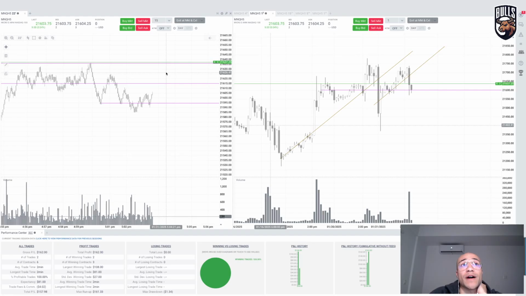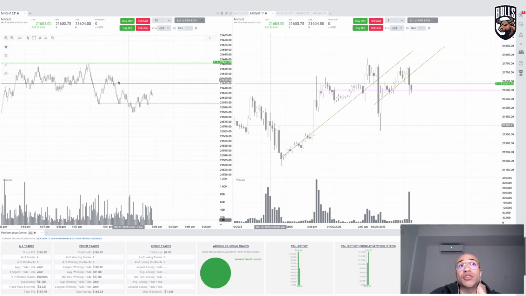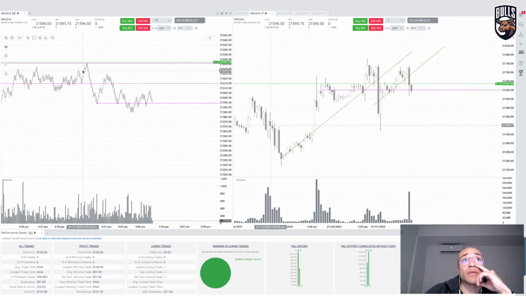But so far, there's no clarity in price here. We're just moving sideways, and that is a typical situation with my strategies where I get chopped up a lot. So I'll be trying to get entries multiple times, and I'll just get chopped and lose some money. And that's why we want to be patient. That's why we want to be waiting.